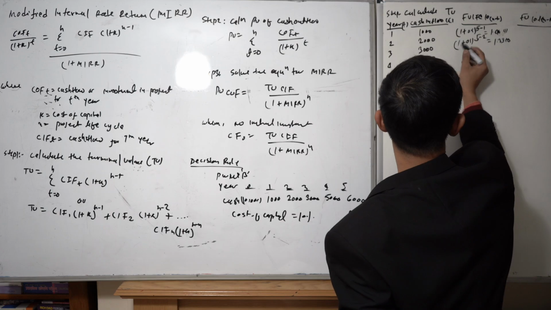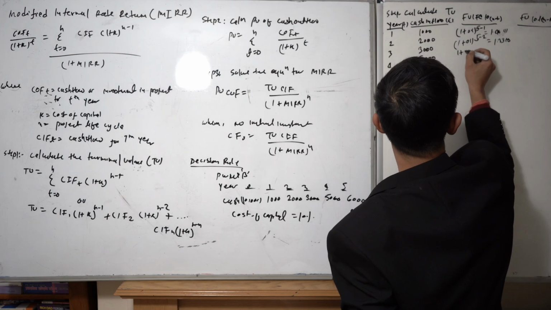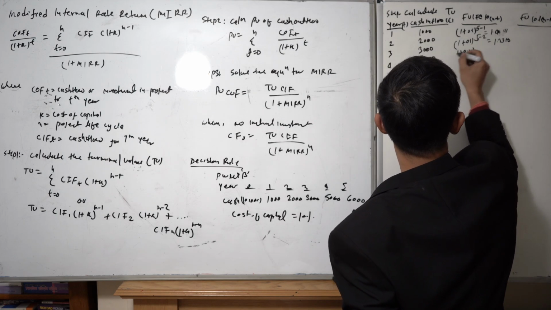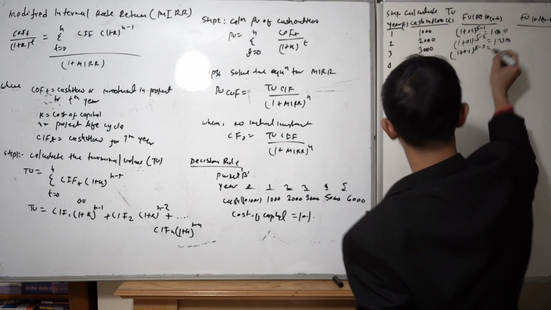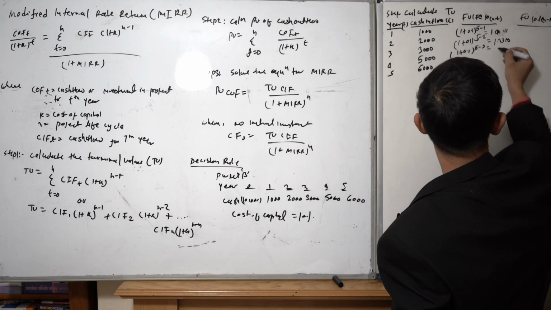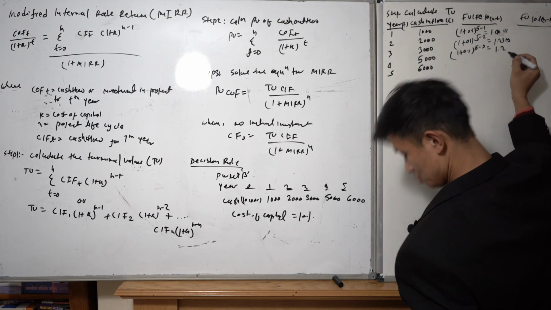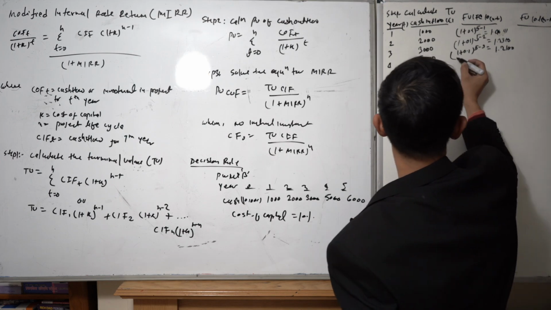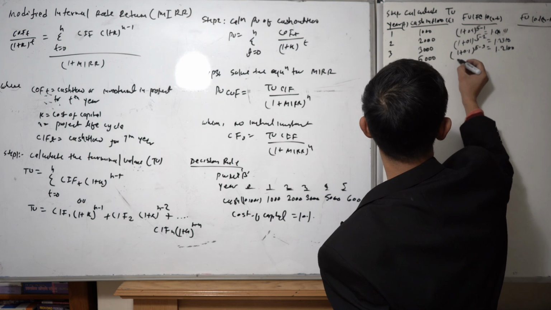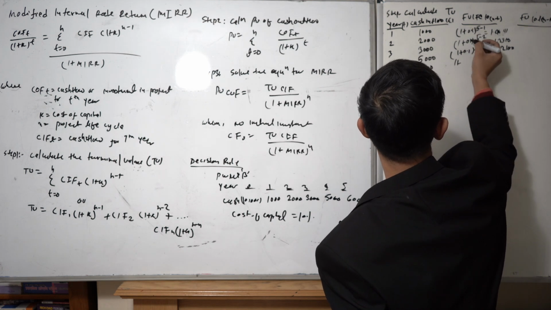In year 3, same, 1 plus 0.1 power 5 minus 3. We get the value here as 1.2100, and year 5 we get 1.